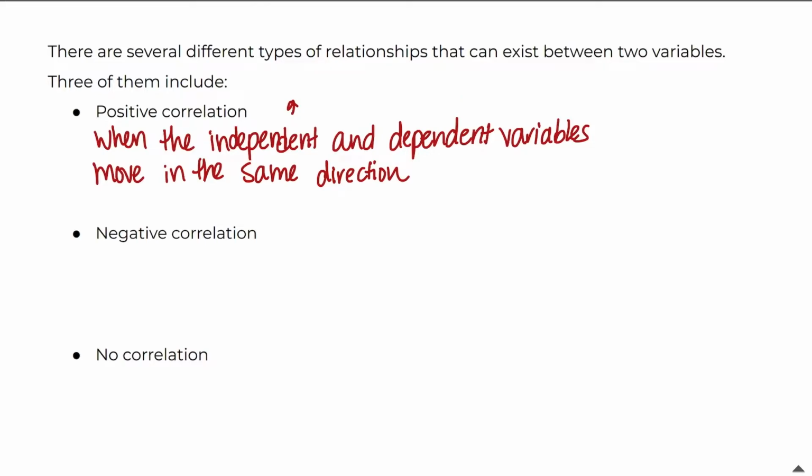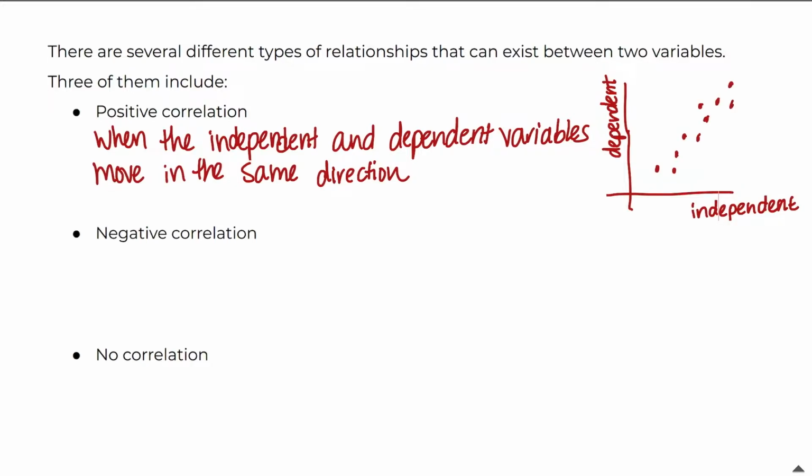So let me show you what this would look like right here. And just a reminder, your independent variable is always on your x-axis, and then your dependent variable is always on your y-axis. And essentially what this is saying is as the independent variable is going up, your dependent variable is going up. So if you can see here, this has a positive trend upwards, okay?